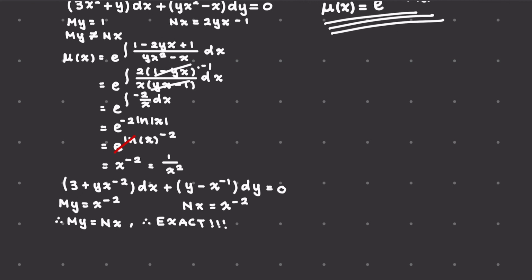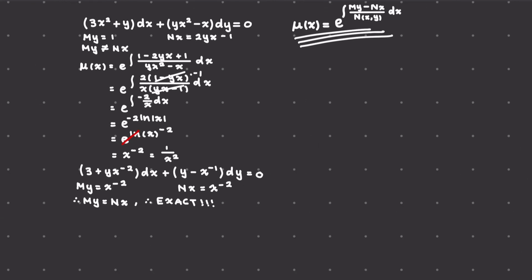And from here on, we just need to do the same steps as we've done for the exact differential equation, which is to take this equation here, the partial derivative of f with respect to x, fx, equals 3 plus y x to the power of −2, and we're going to take the integration of 3 plus y over x² dx.